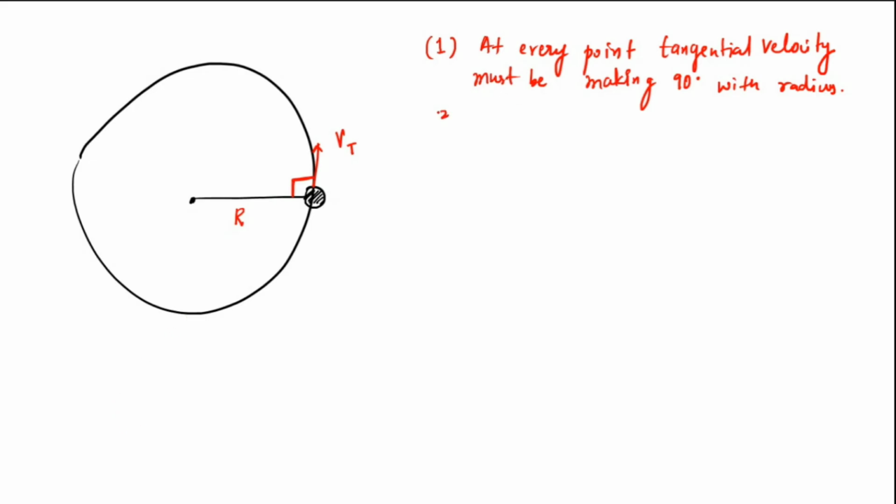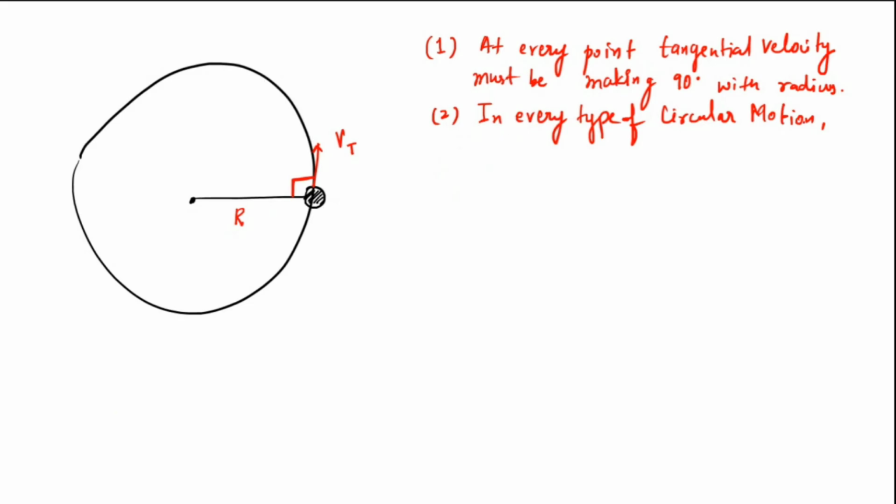Second point: in every type of circular motion, which acceleration do we always observe? Tell me. In every type of circular motion, which type of acceleration do we always observe? Centripetal.